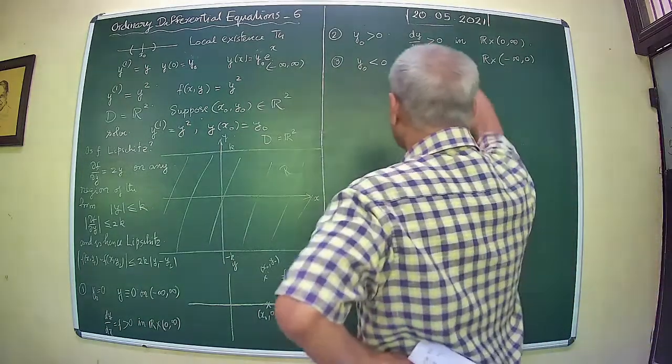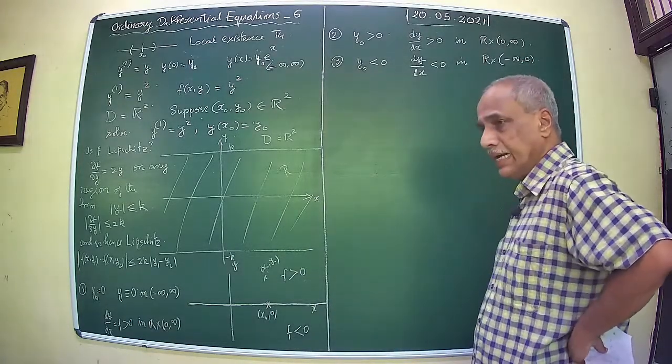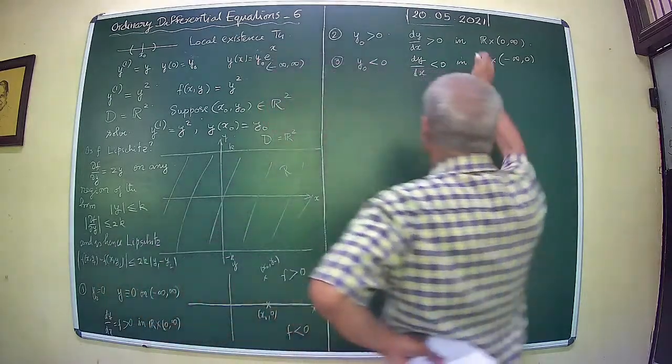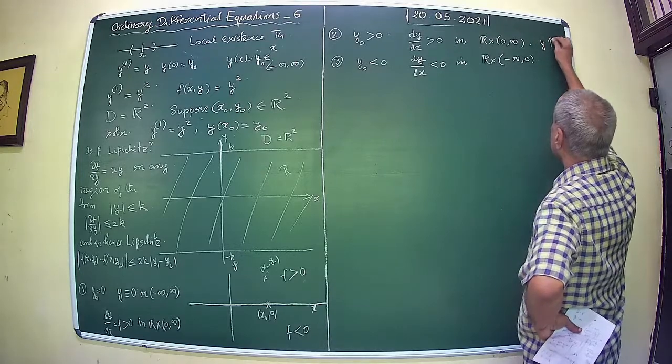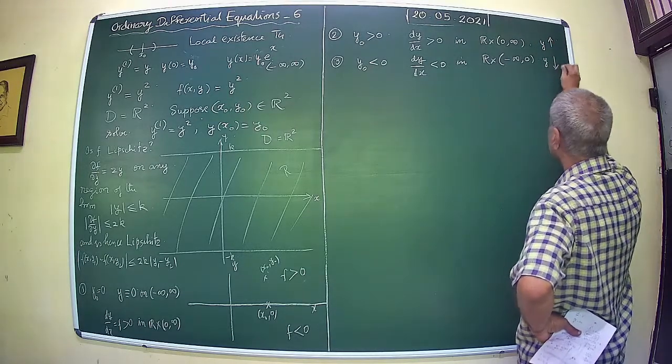These are the situations that you have. What does it indicate? It indicates that y is, so here it says that y is monotonically increasing. Here y is monotonically decreasing.